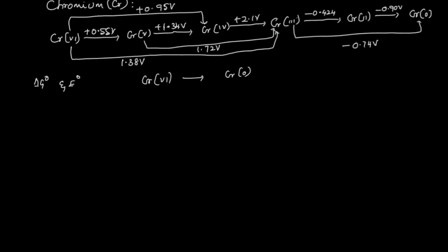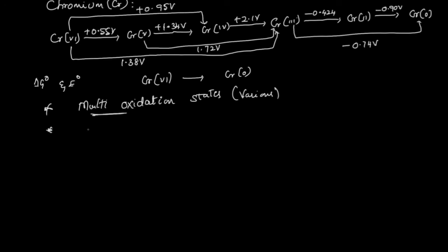In this way, you can construct a Latimer diagram for the elements which exhibit multiple oxidation states. This Latimer diagram is only for the elements which exhibit more than one oxidation state.